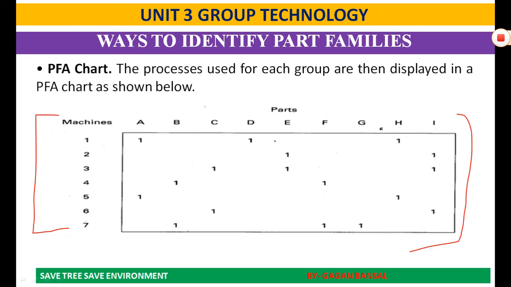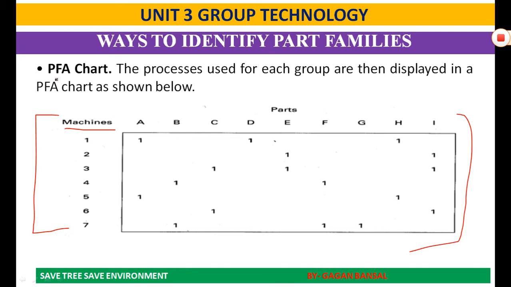In the horizontal lines we show the parts, which we identify as A, B, C, D, E, F, G, H, I, as you can see, and in the vertical columns we have machines. So we have, say, 7 machines: 1, 2, 3, 4, 5, 6, 7.